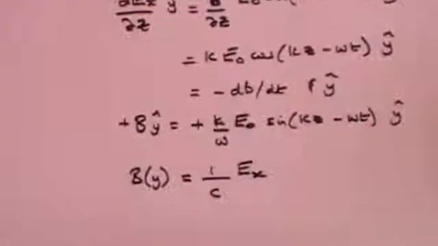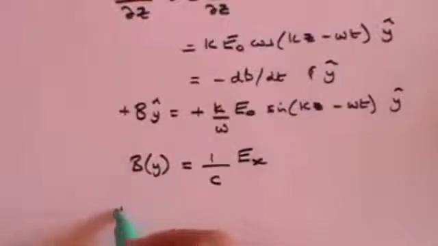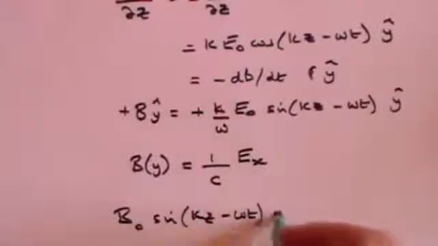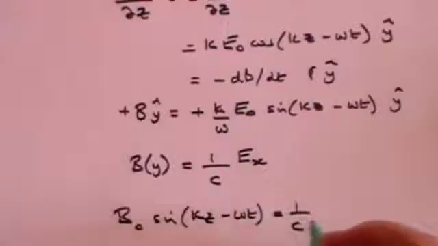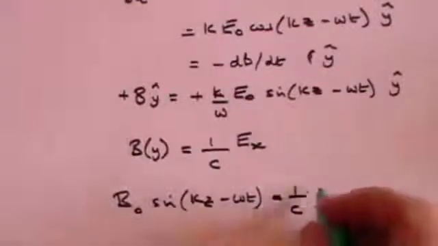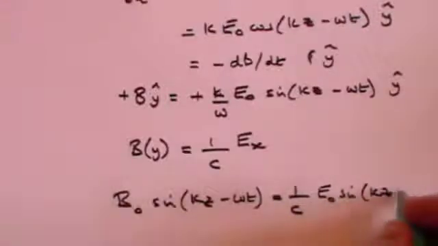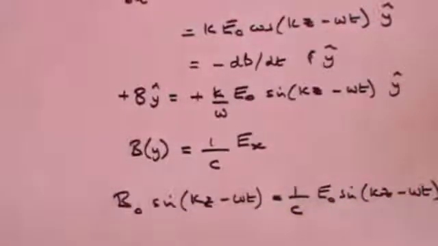So to fill it out, we've now got that B naught sine(kz minus omega t) equals 1 over c times E naught times sine(kz minus omega t).